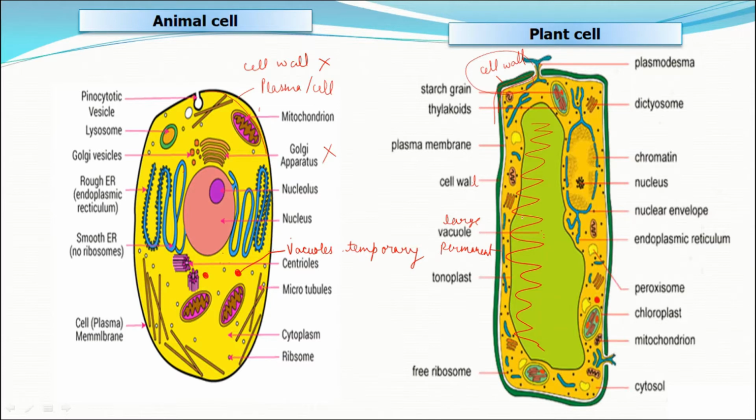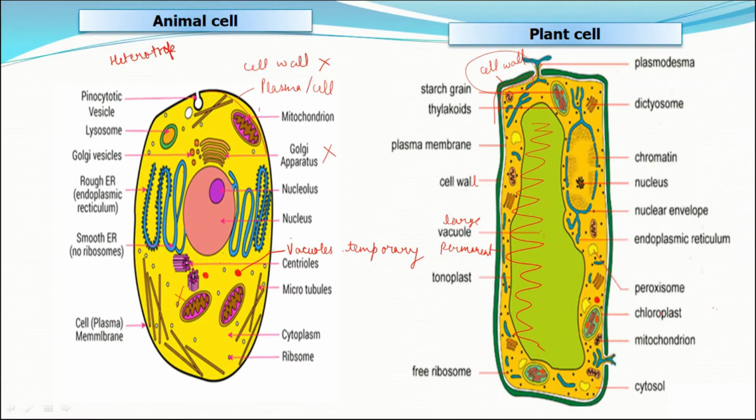Now, the third difference is presence of plastid in plant cell. Look at this diagram. If you observe plant cell, here you can see chloroplast is present. But if you observe the diagram of animal cell, you will see no plastids are present here. As we know, generally animals are heterotrophs.